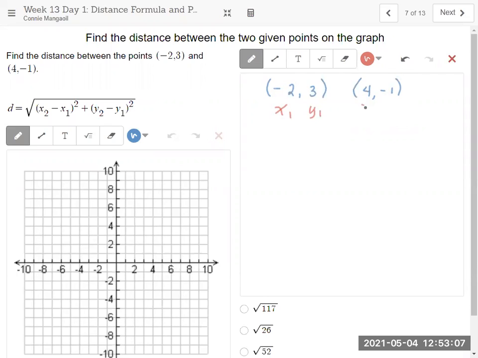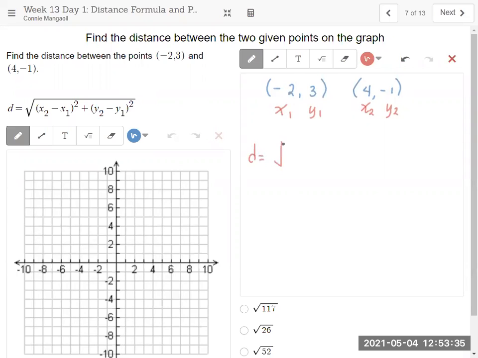And the second point is your x sub 2, y sub 2. That means your x sub 1 is negative 2, your y sub 1 is 3, your x sub 2 is 4, and your y sub 2 is negative 1. All right? And then what we will do is we'll plug these numbers into your distance formula. Now let me set up the distance formula here.